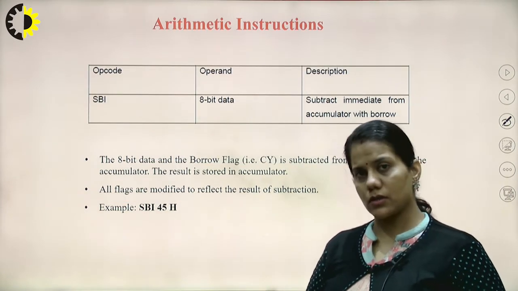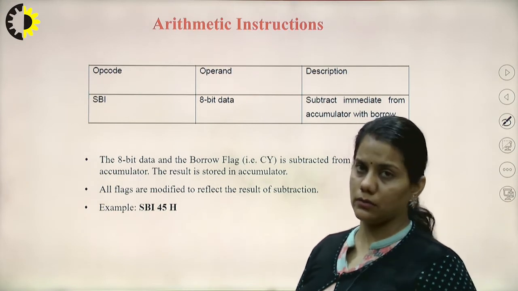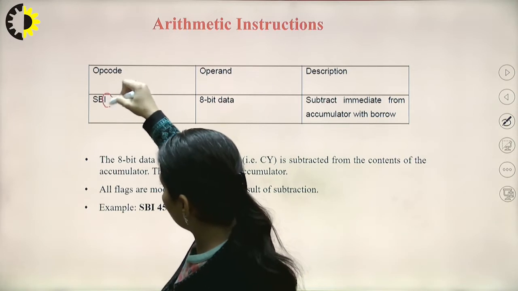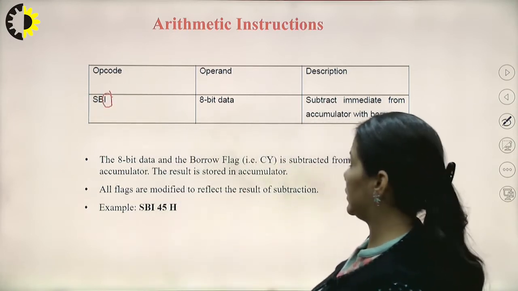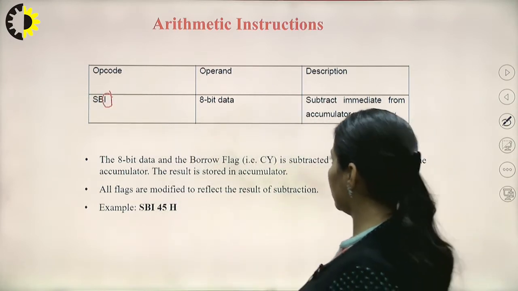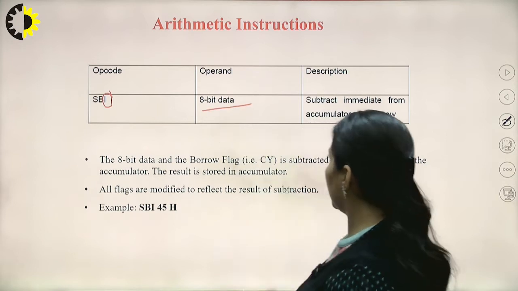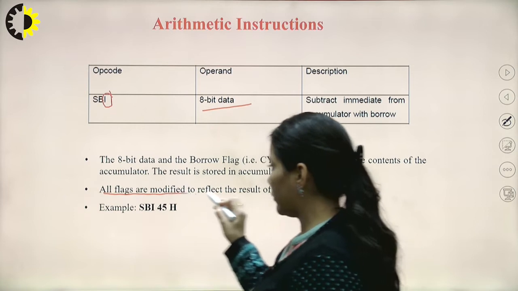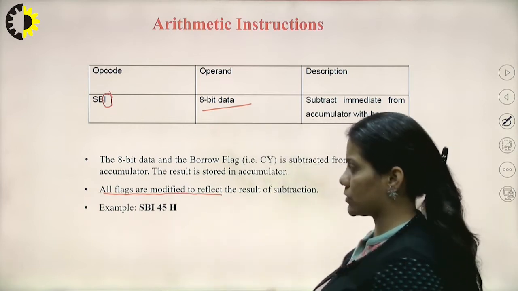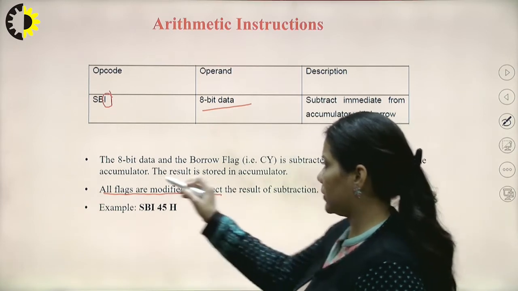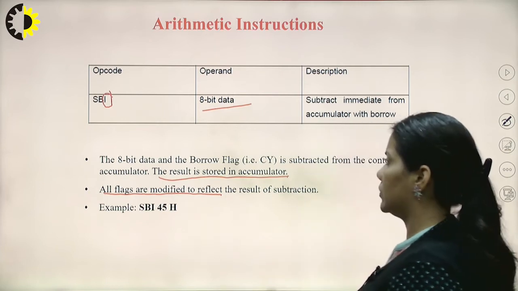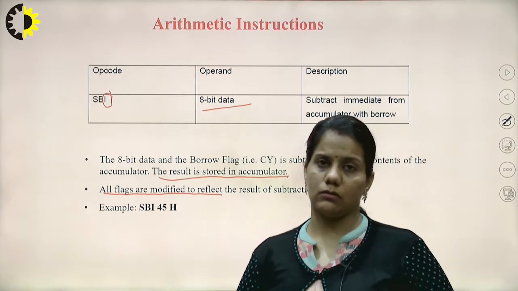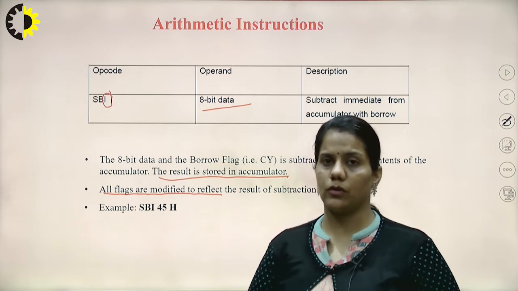Next instruction is again under the immediate addressing mode, which can be well understood from the letter I present in the instruction. The operand will be 8-bit data, all the flags are modified in this instruction, and again the result is stored in accumulator. By default, for every arithmetic instruction, the result will be stored in accumulator only.